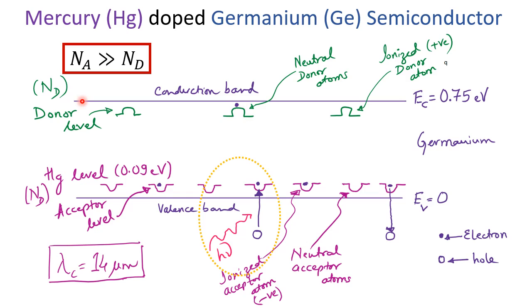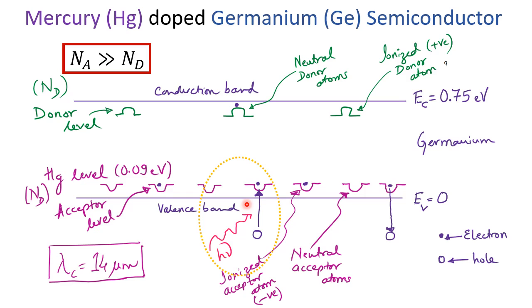So when we dope mercury in germanium, it so happens that the acceptor levels are much larger than the donor levels. That is the main distribution of the availability of states, which is determined by this condition that the acceptors are much more than the donor atoms.